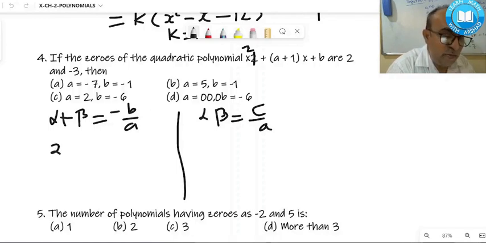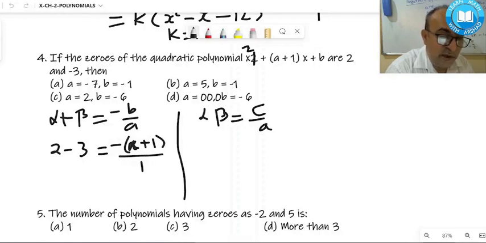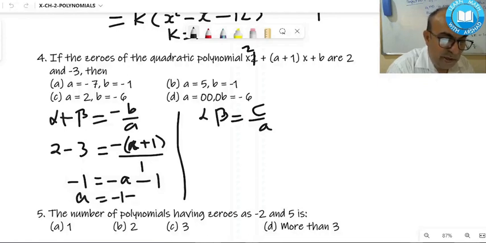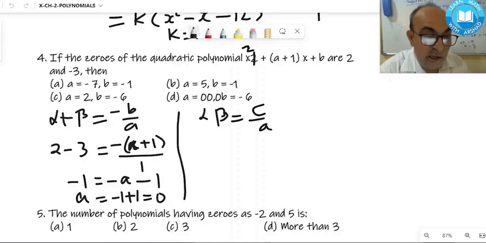Alpha is the first zero, beta is the second zero, minus b is the coefficient of x, that is minus a minus 1, and a is the coefficient of x square, that is 1. So minus 1 equals a plus 1, so a equals minus 1 minus 1... taking a to this side, a equals 0. So a is 0, which means d bit is correct, so no need to find b, because in the remaining bits a is not equal to 0. So we got a equal to 0, so no need to find b, because b must be minus 6.